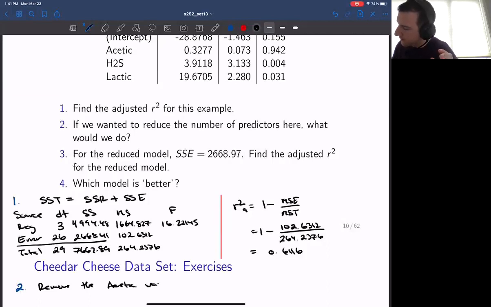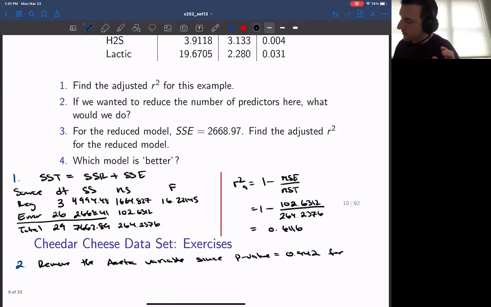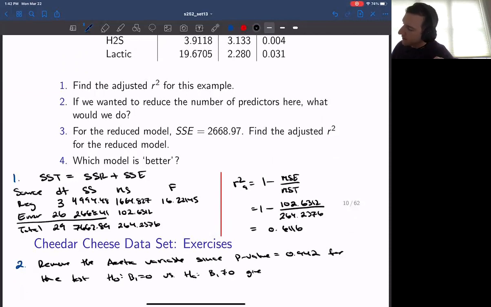acidic variable since the p-value equals 0.942 for the test H0: beta 1 equals 0 versus HA: beta 1 not equal to 0, given H2S and lactic are in the model.